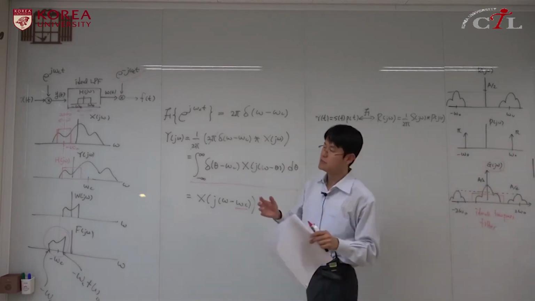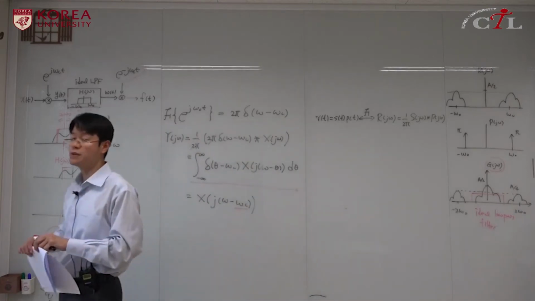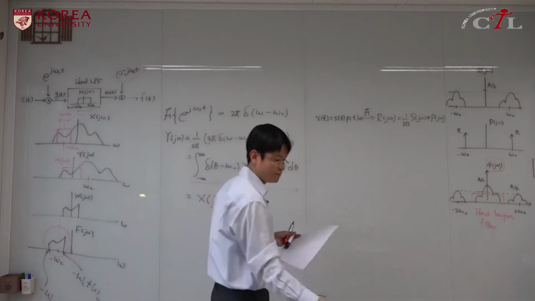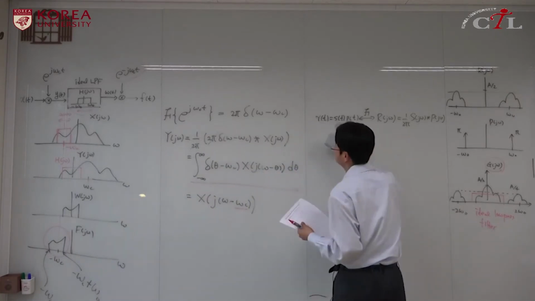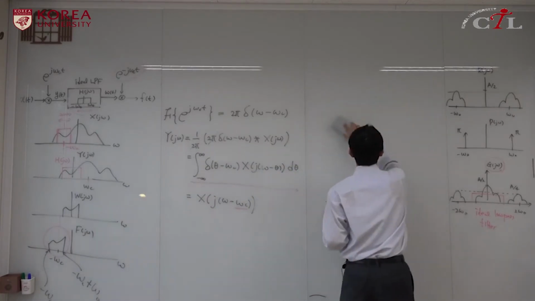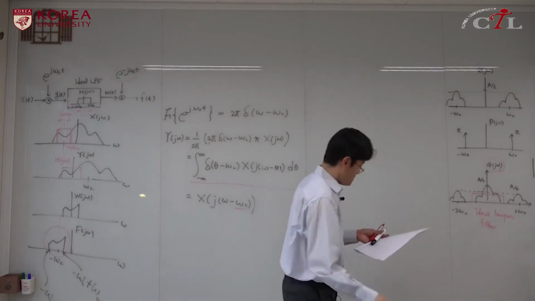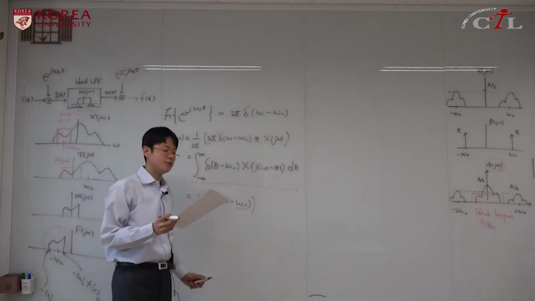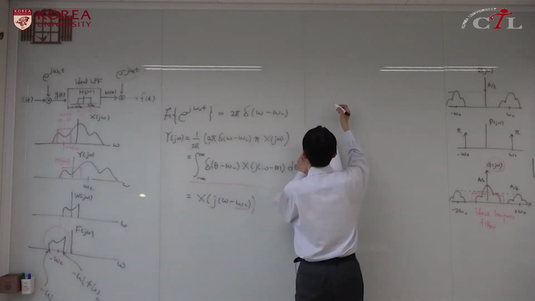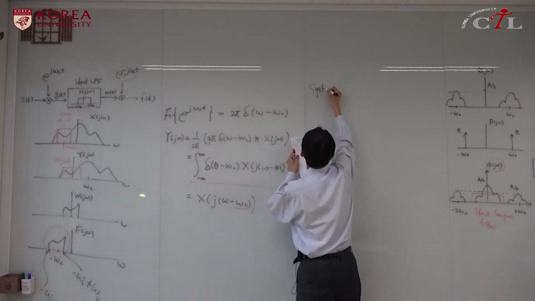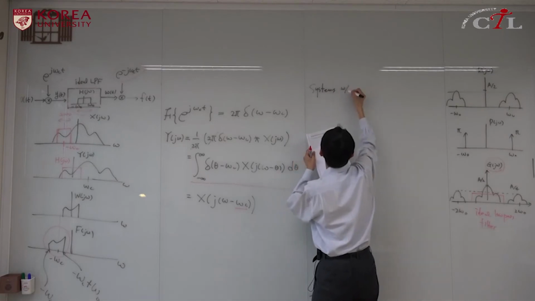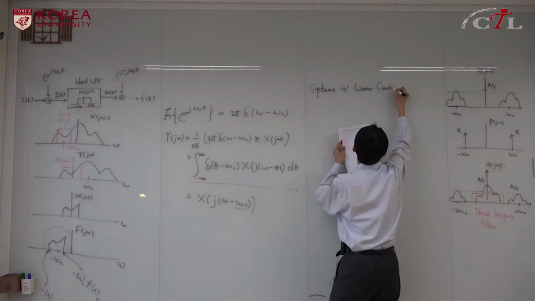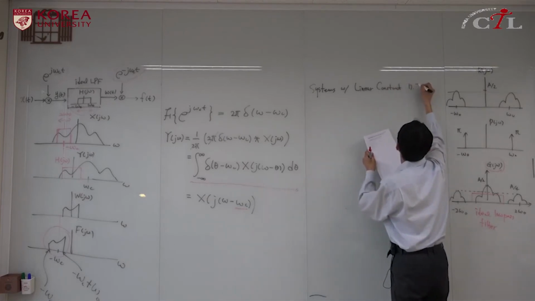Okay, so we are basically done with all topics of chapter 4. One remaining, but this is so simple and straightforward, so I will mention it briefly here. That is systems characterized by linear constant coefficient differential equations.